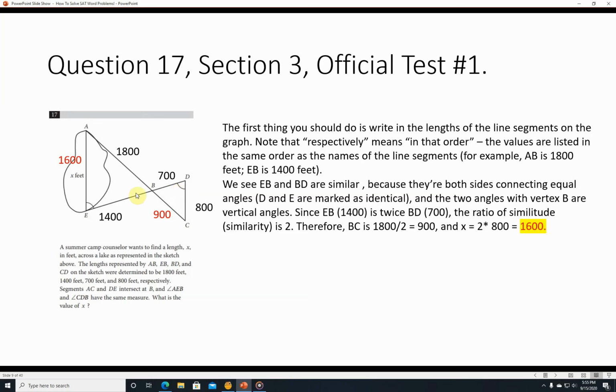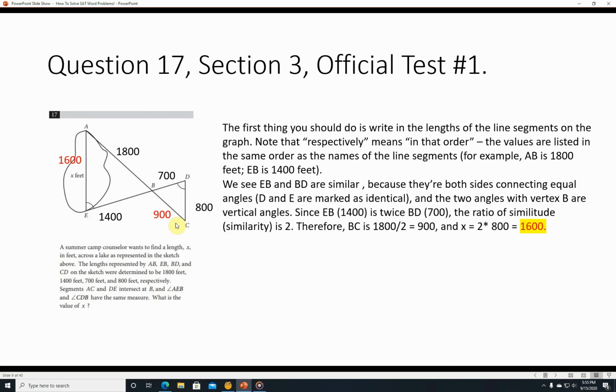Since EB is twice BD, and those have to be proportionate for the reasons I just explained, that's 700, that's 1400. That means if this is 1800 AB, this one that's proportionate, BC, has to be half. So it's going to be 900, because this is the bigger triangle and this is the smaller triangle, and we know the ratio of similarity is 2.